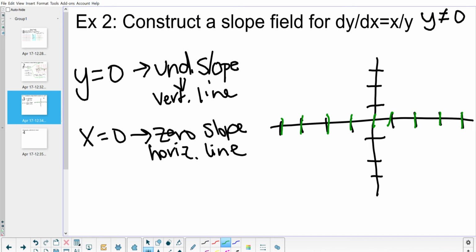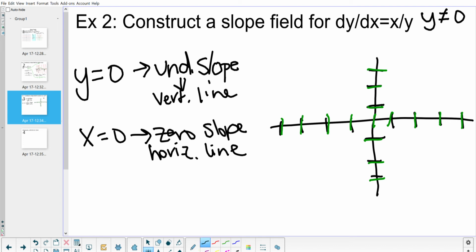Little tick mark. And again, this is kind of confusing because it ends up just looking like the black tick marks I made. But when x is 0, which is along the y-axis, I have a 0 slope. So it ends up going right over what I made.